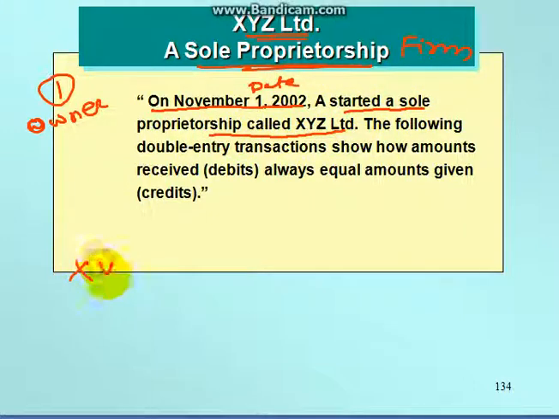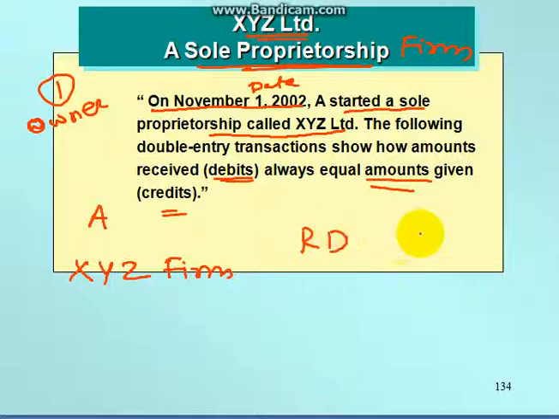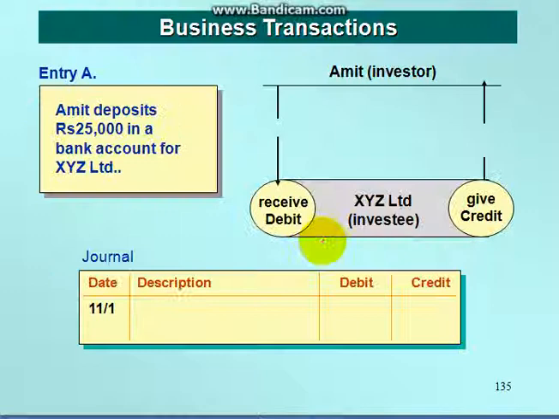So here is a firm called as XYZ and owner is Mr. A. XYZ is nothing but the firm. Okay, the following transactions show that how the amount received debits and equal amount gives credit. Okay, so what it receives is debit and what it gives is credit. So let us go forward.